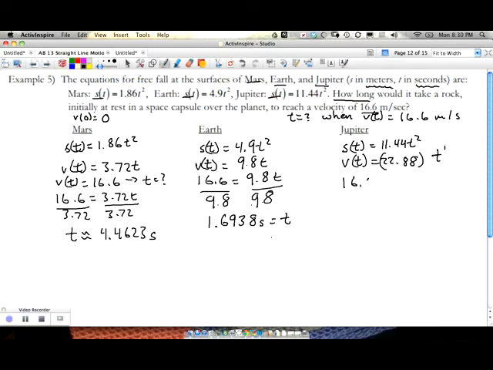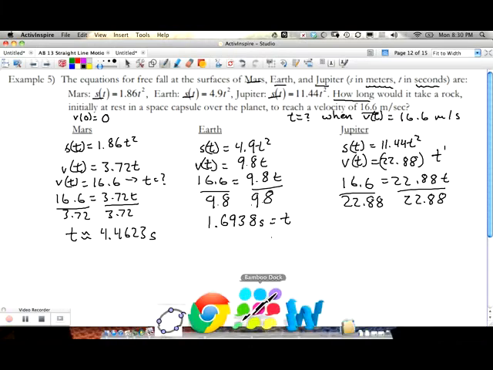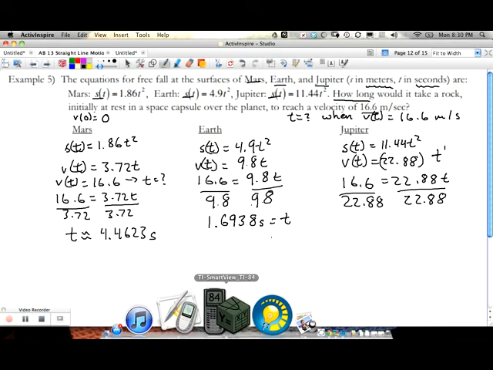So when does that equal 16.6? That's actually going to be pretty fast. 22.88 t. Divide both sides by 22.88.